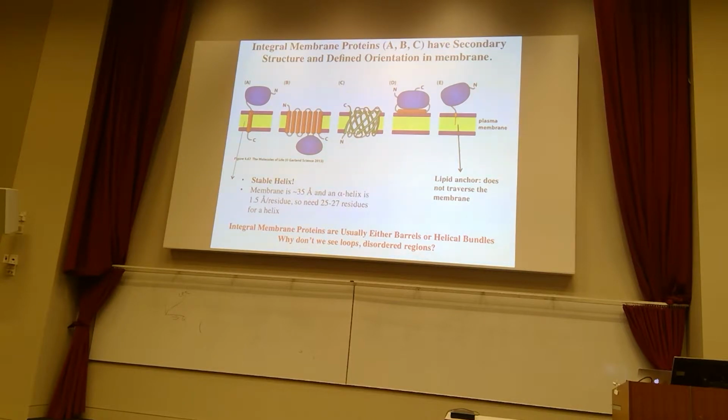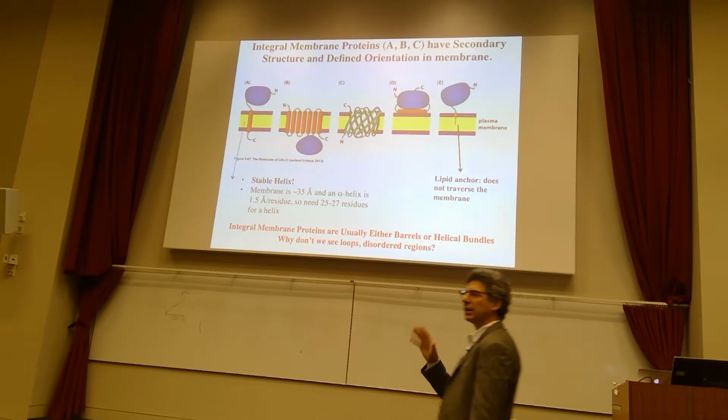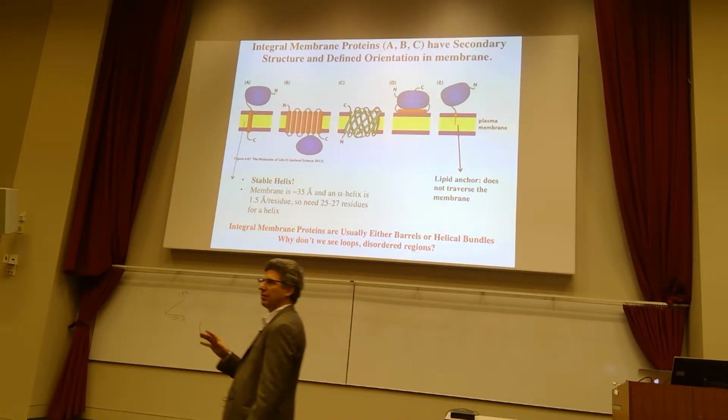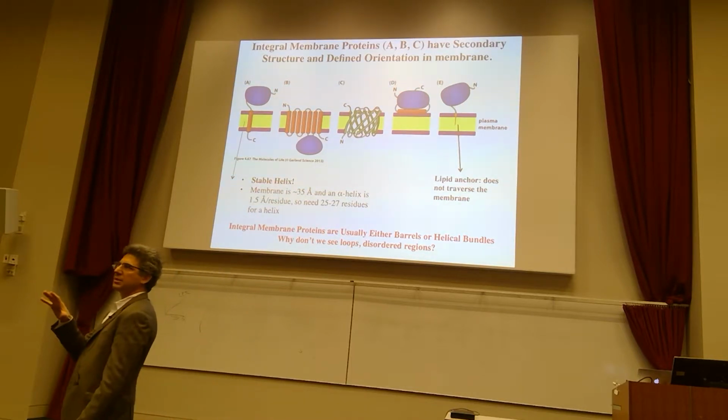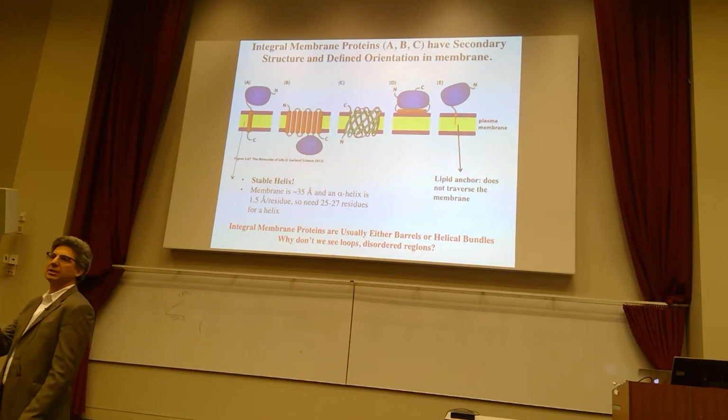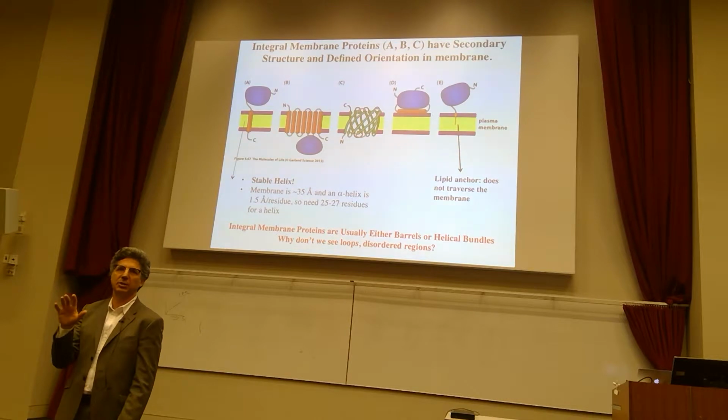And the question is, why don't we see loops or disordered regions within these membranes the way we would for most other proteins? Any idea? Take a look at the secondary structure content for one of these proteins, and everything that's sitting in the membrane is locked into some kind of repeating secondary structure motif.